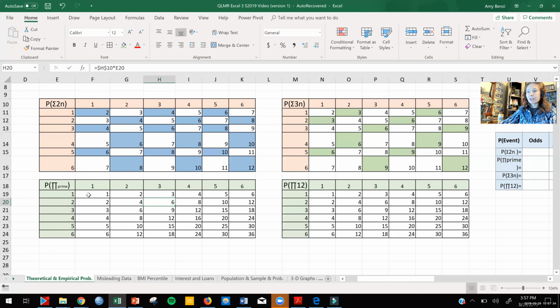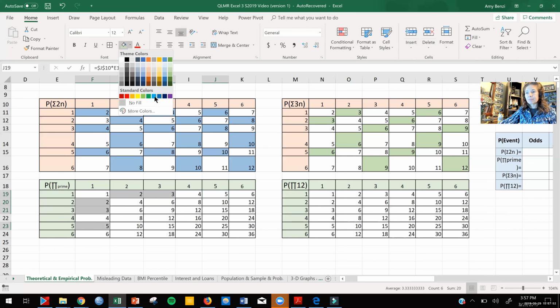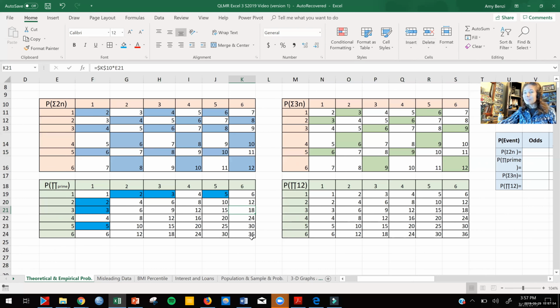All right, now we're looking for the product of primes. Is 1 a prime? No, it's not, but 2 is a prime. 3s are prime. What else is prime? 5s are prime. Now, are there any other prime numbers on this chart? No. Do you know why there are no other prime numbers?